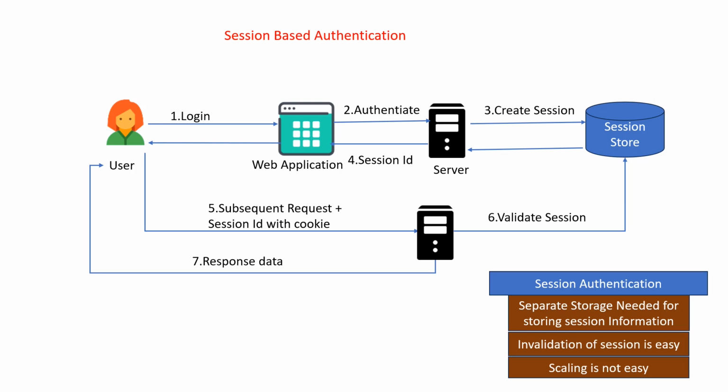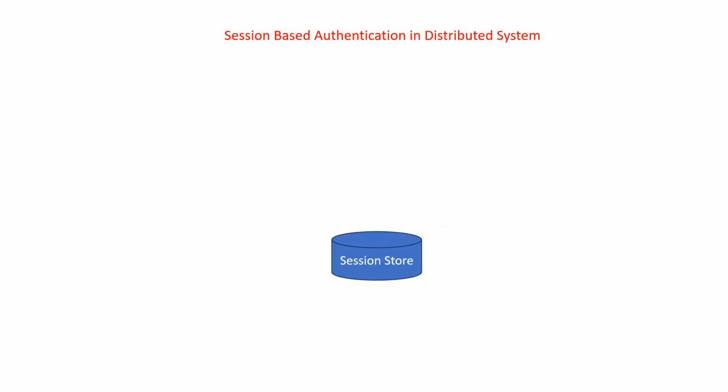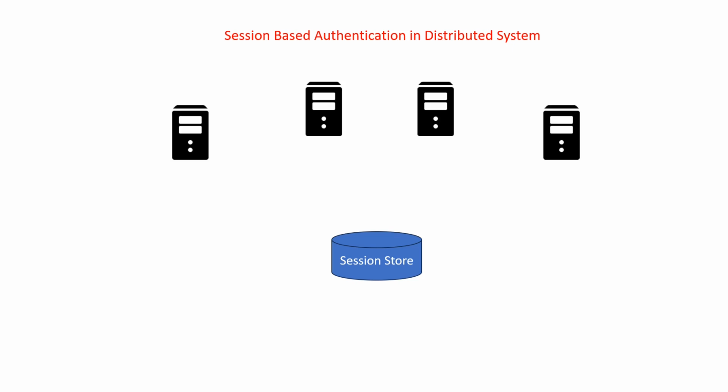Now, there is a problem, right? Suppose your application is distributed, and you have multiple servers serving the users. At that time, every request coming to a server must connect with the session store or database to validate the session IDs. So this might cause some kind of latency or delays.